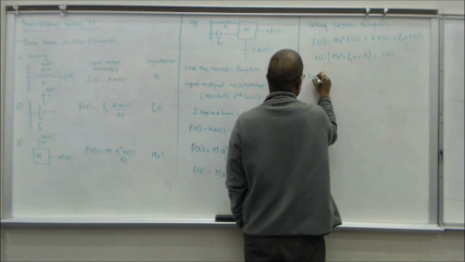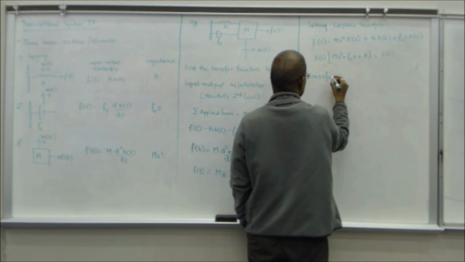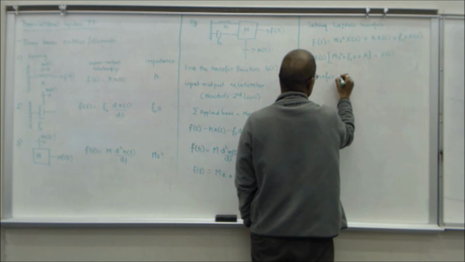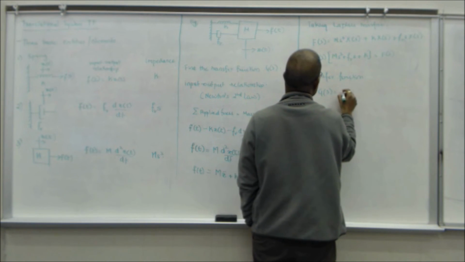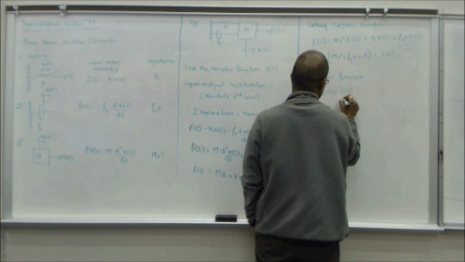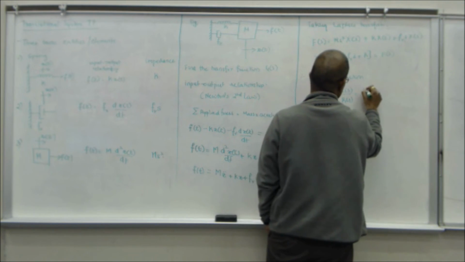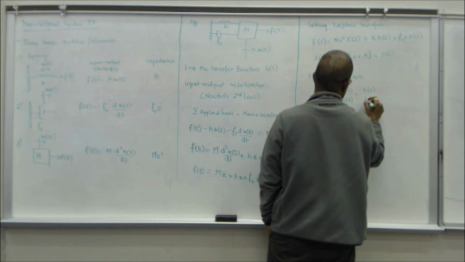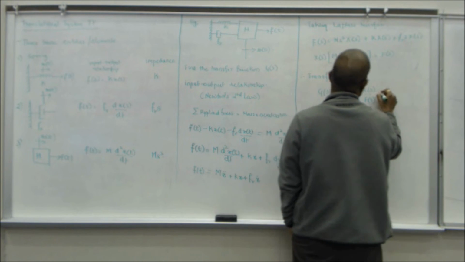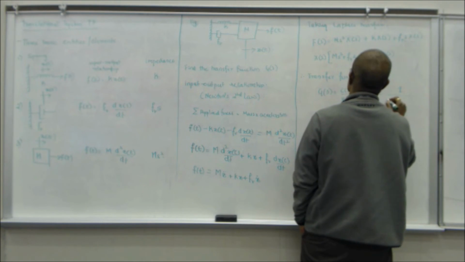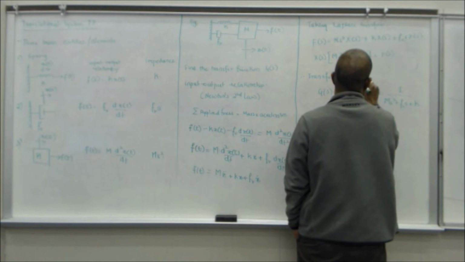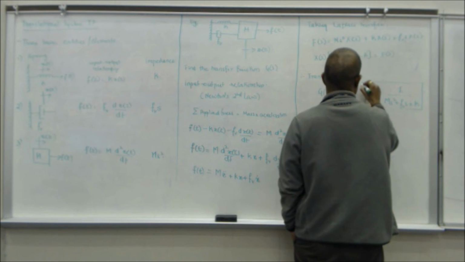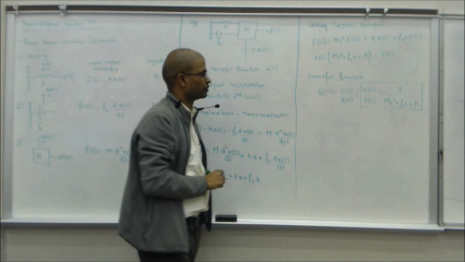Therefore, the transfer function g of s is x of s over f of s, equal to 1 over (m s square plus fv s plus k). You've arrived at the transfer function.